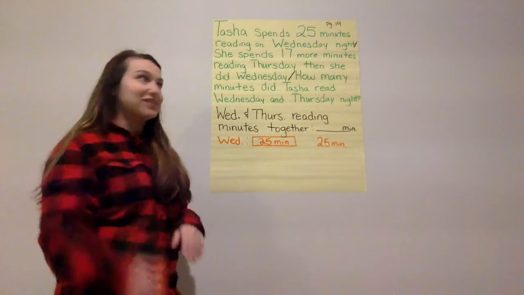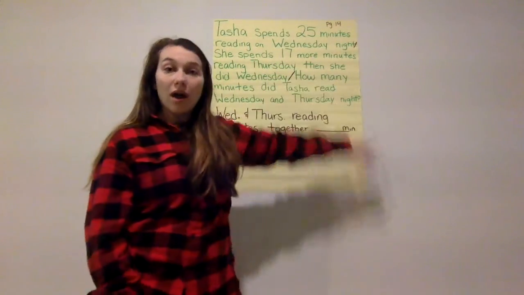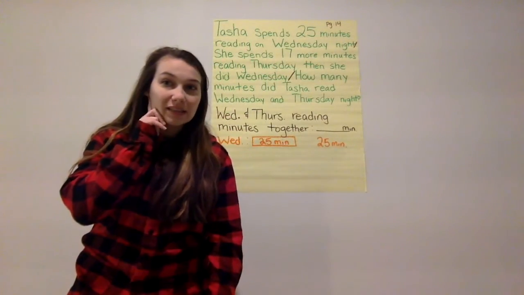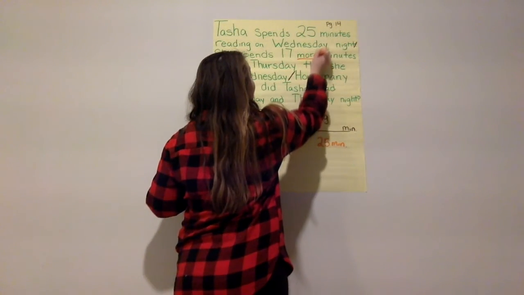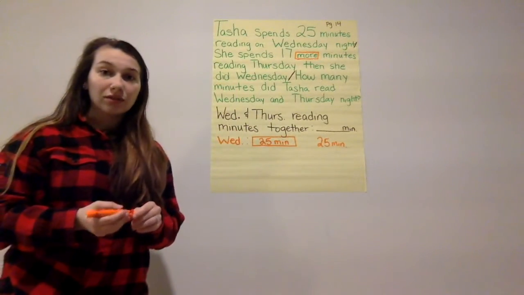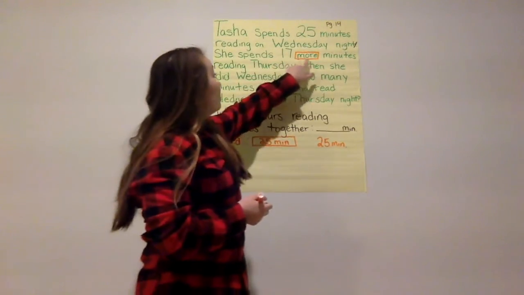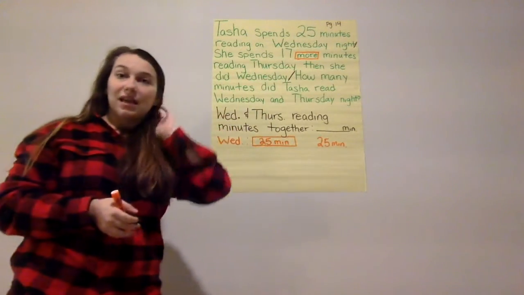All right, so now we're going to look at our Thursday, or our second sentence. She spends 17 what? More. Underline, box that more. 17 more minutes reading Thursday than she did Wednesday.